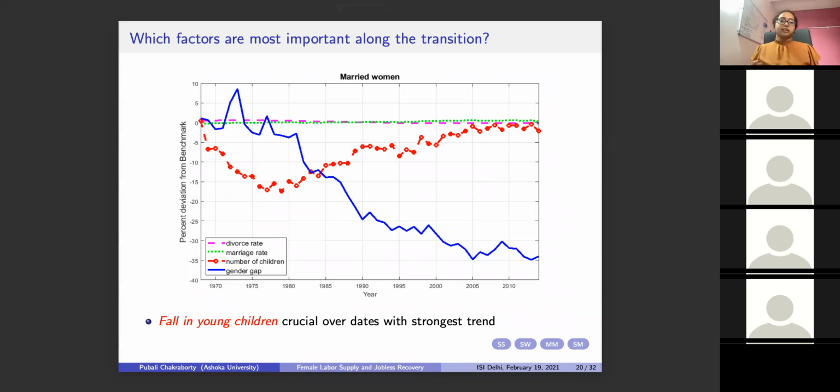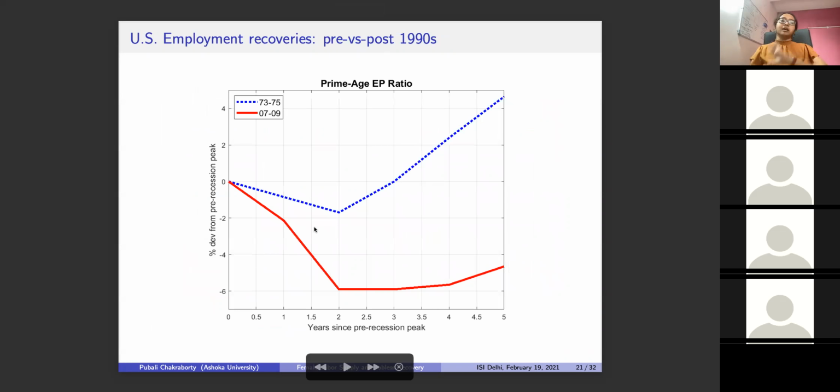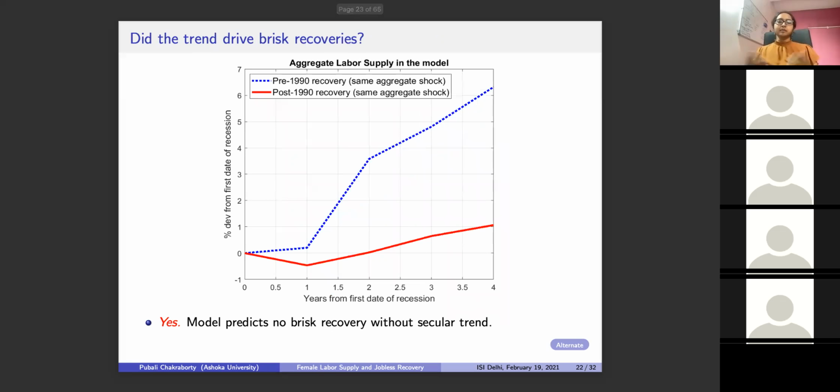Does the weakened trend in female labor force participation contribute to the emergence of jobless recovery? This is the data counterpart that I had already shown in terms of the employment recoveries, the prime age employment to population ratio in the data. I'll be looking at a similar picture in my model. So what is the exercise that I conduct? I allow agents to respond to an aggregate shock in 1973 when this trend is present.